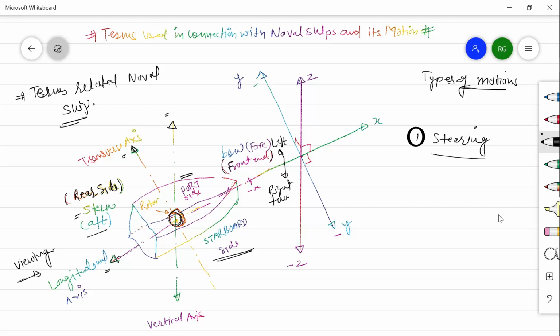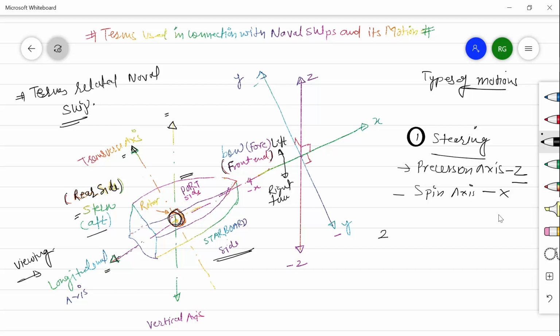This motion is about the z axis, or you can say precession axis. In steering, the precession axis is z, our spin axis is the x axis, and it takes a left or right turn when viewed from the rear side.